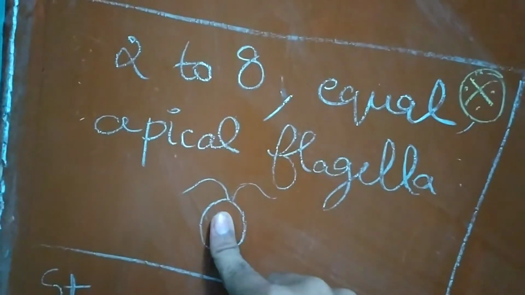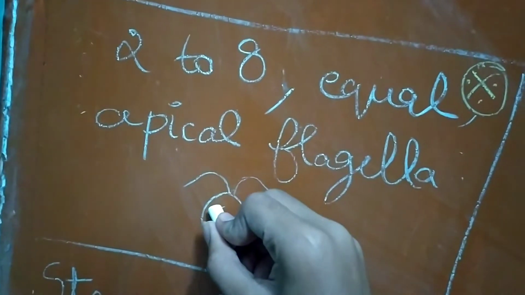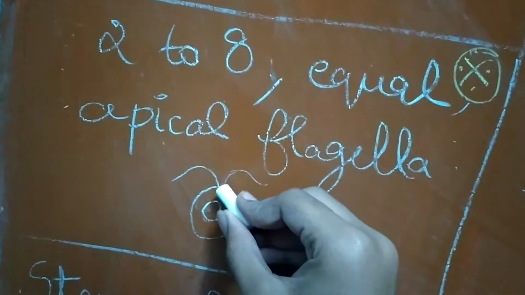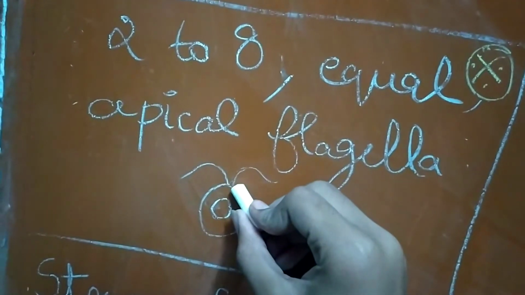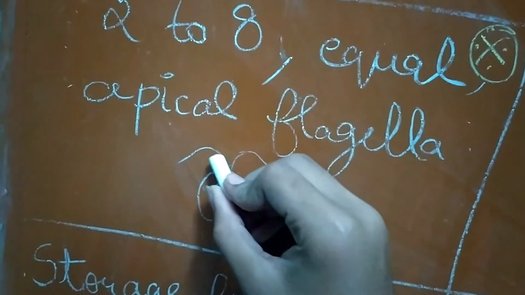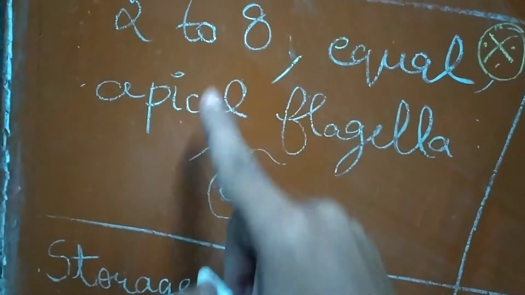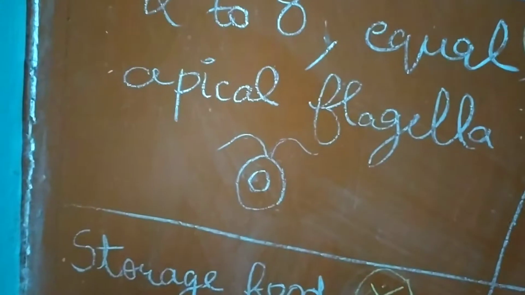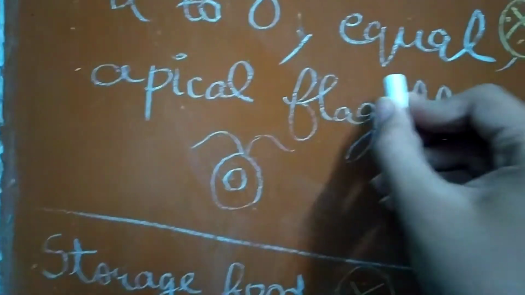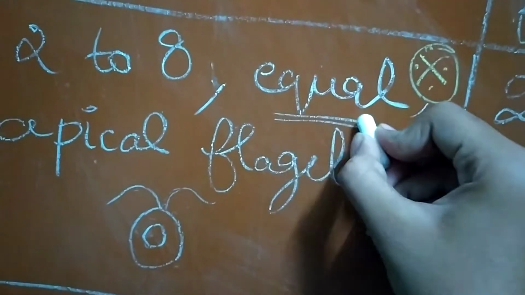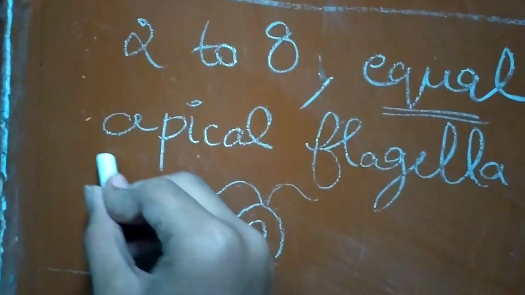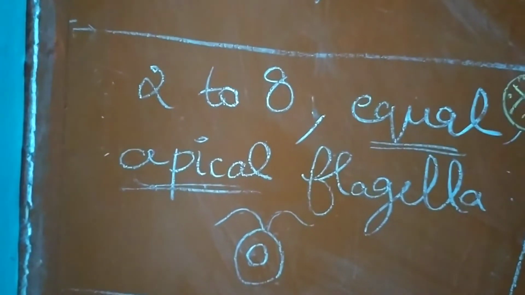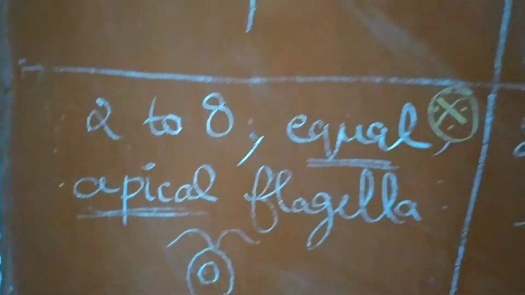Which you've seen in the last section. Yeah, this is the apical portion. So 2 to 8, it may be 2 or 8 or the intermediates, it doesn't matter, but they must be equal. That's important. And they must be apical, because for lateral we are going to the next class.